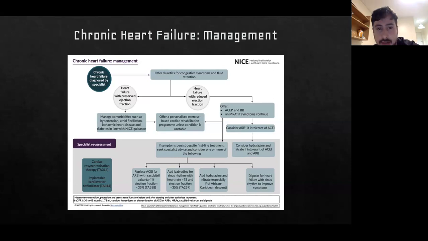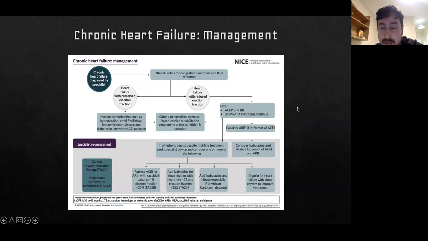There is emerging evidence that an SGLT2 inhibitor is effective, but the evidence is not very clear-cut on that, and it's a very emerging new field. If it's a reduced ejection fraction, then there are clinically proven drugs that work to help it.